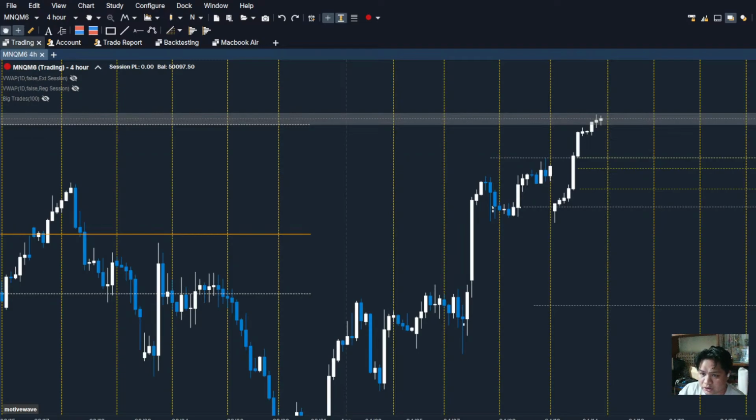We are either gonna be playing around that area to then go down, right? That is what I'm thinking, or we could potentially push out from here.